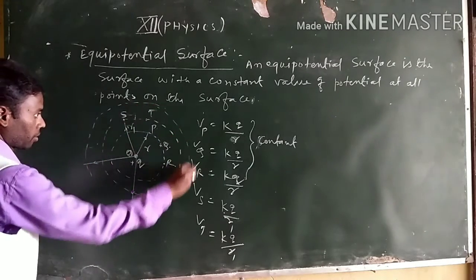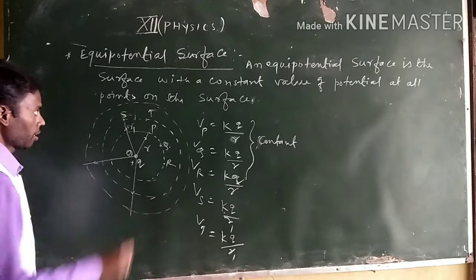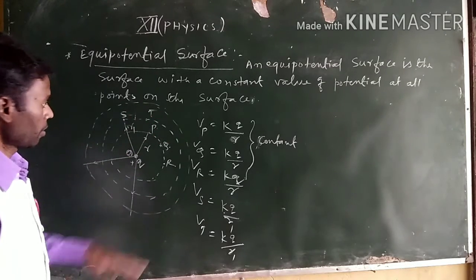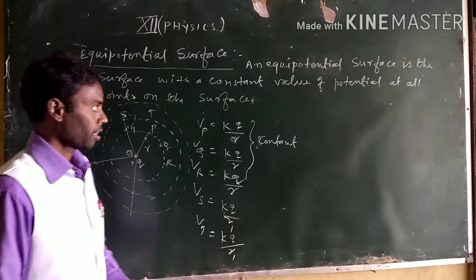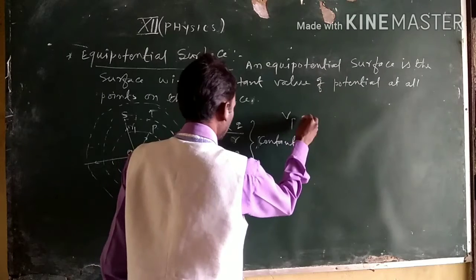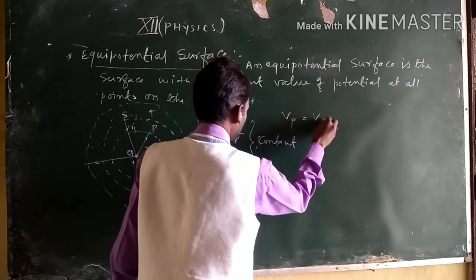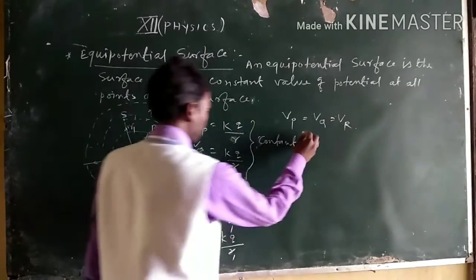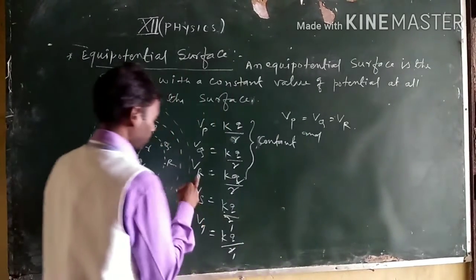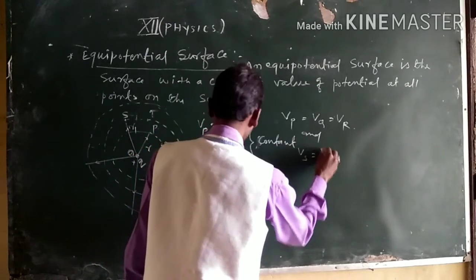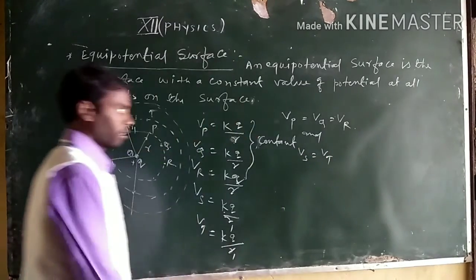At all the points of this circle we have the same potential. So potential at P equals potential at Q equals potential at R, and potential at S equals potential at T.